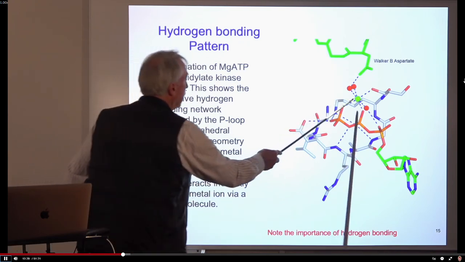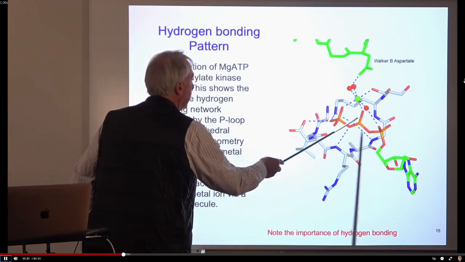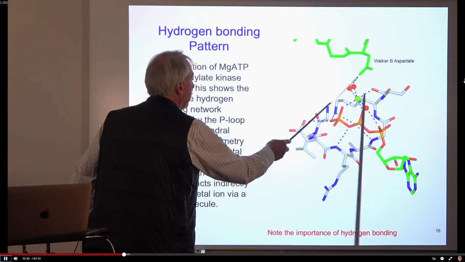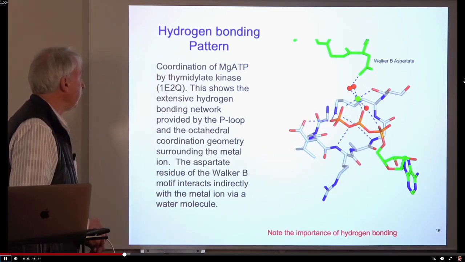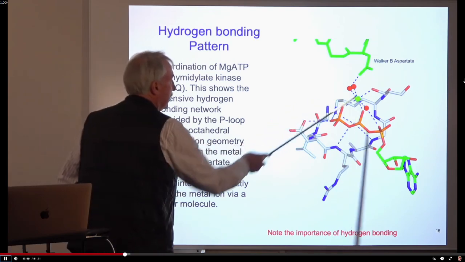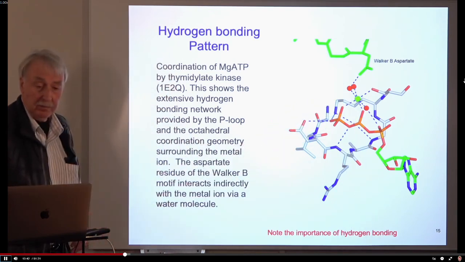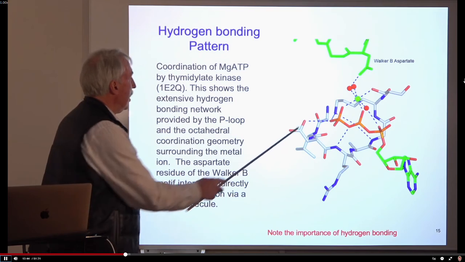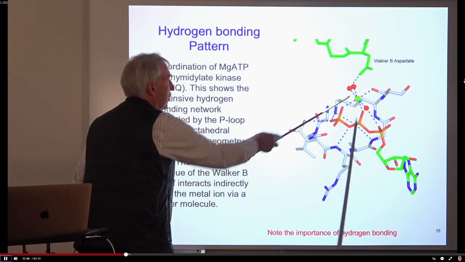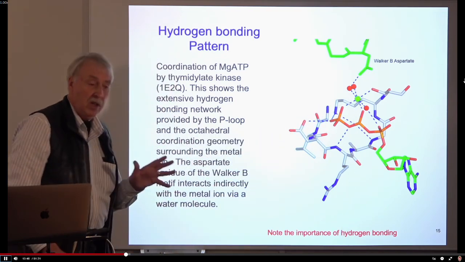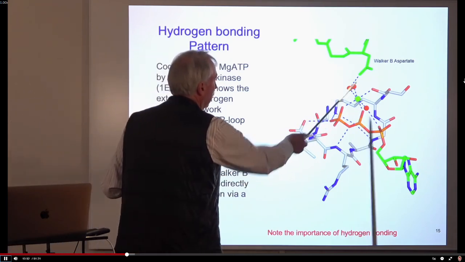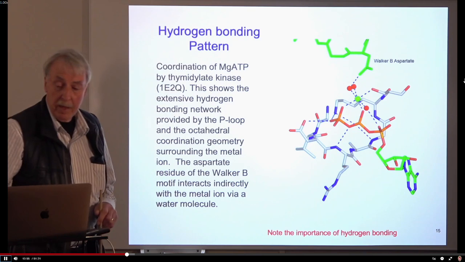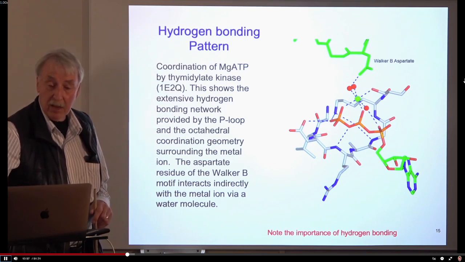The magnesium ion also is coordinated by the ATP, protein ligands, and by water molecules. The magnesium ion is always octahedral. So when you look at the structure, you should expect there's something wrong if the coordination is not octahedral, because that's found in all P-loop dependent enzymes.